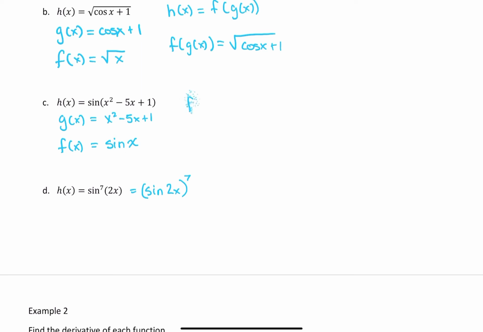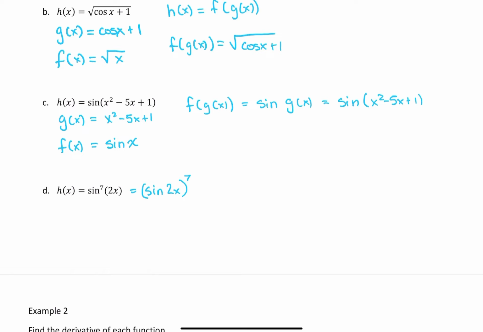If you rewrite this as f of g of x, that's going to be the sine of g of x, and we know g of x is actually x squared minus 5x plus 1. So that works exactly like we thought it did.